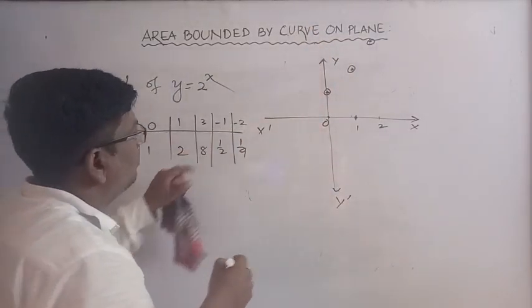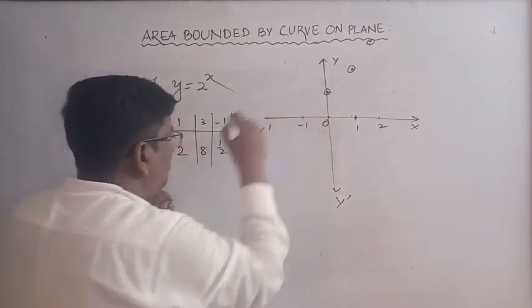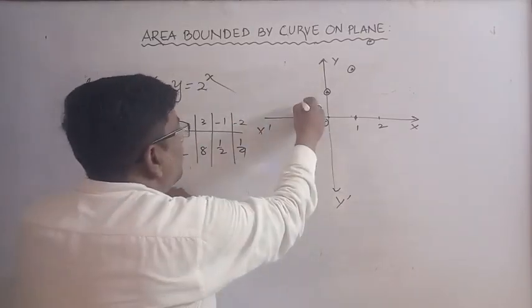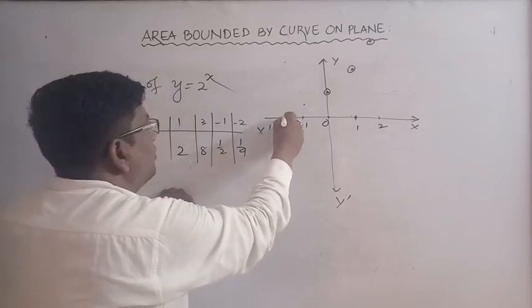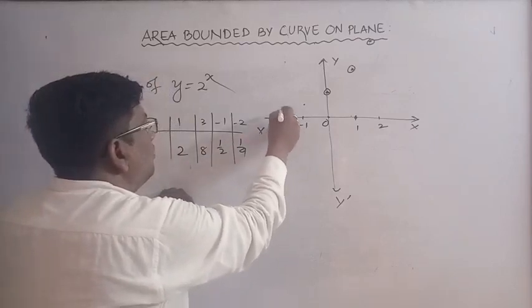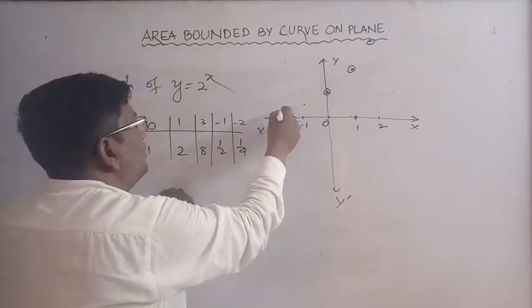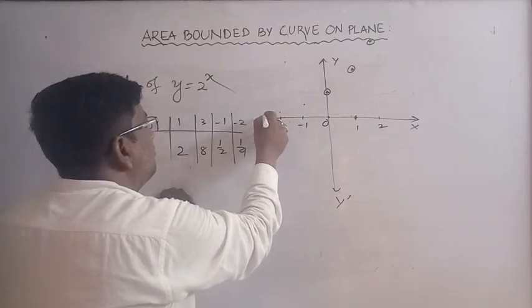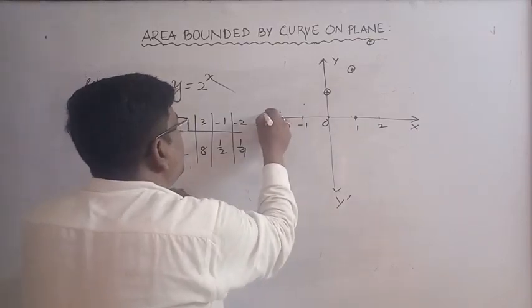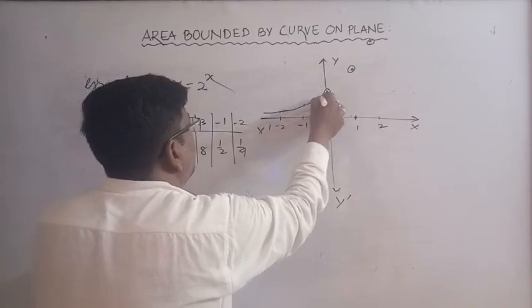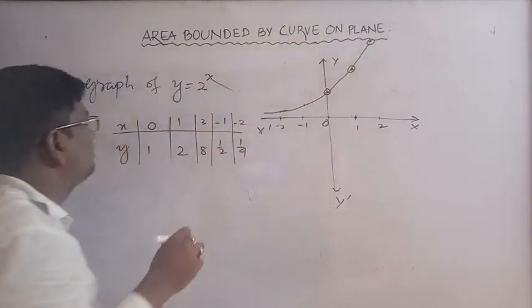If x is equal to minus 1, y is equal to half. If x is minus 2, y is equal to 1 by 4, like this. So the graph is like this.